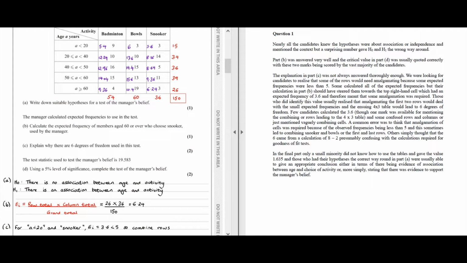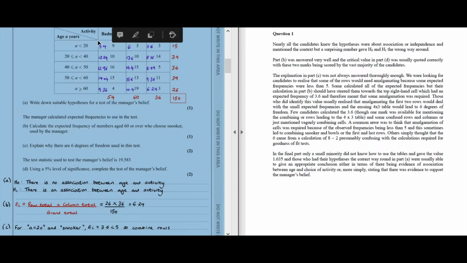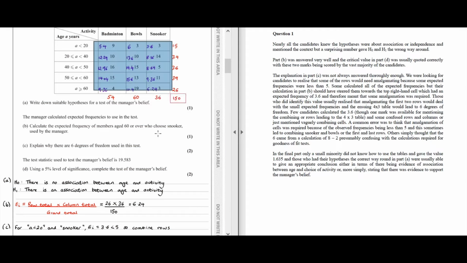Some calculated all the expected frequencies, but their calculation in part B should have steered them to the top right hand cell, which had an expected frequency of 3.6. I mean, that actually does make sense, because over here for a value of 26 we come out with this value over here. So for something like 15, of course we're going to come up with a much smaller value. But just to be on the safe side, I don't see anything wrong with doing this.